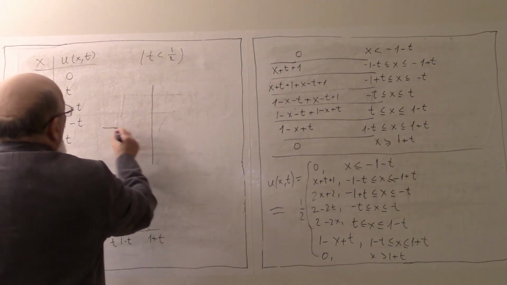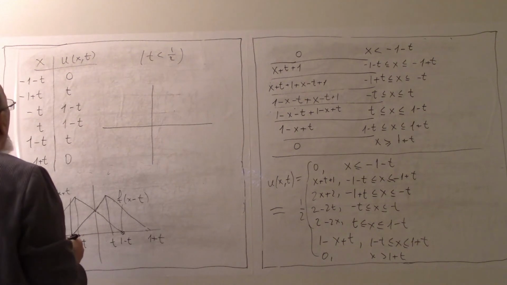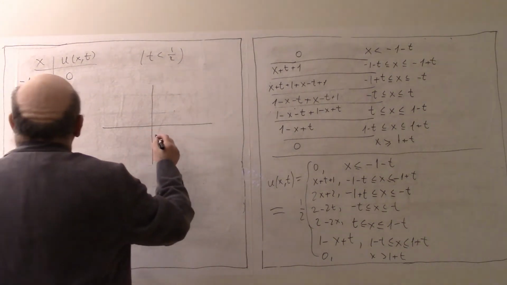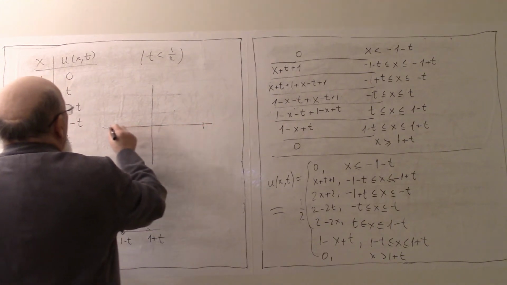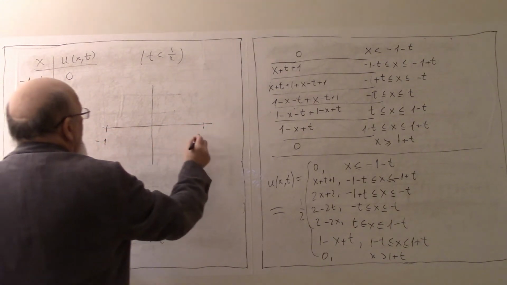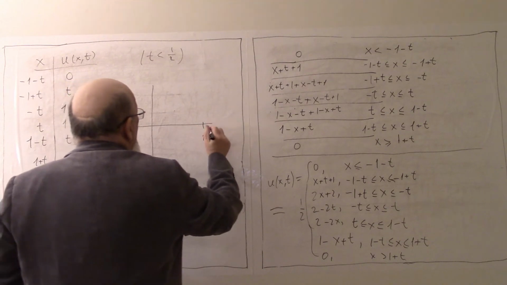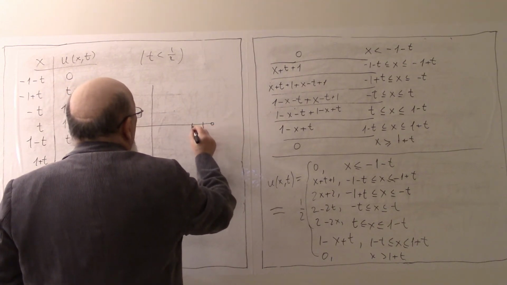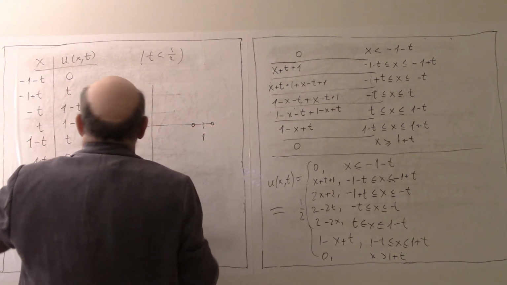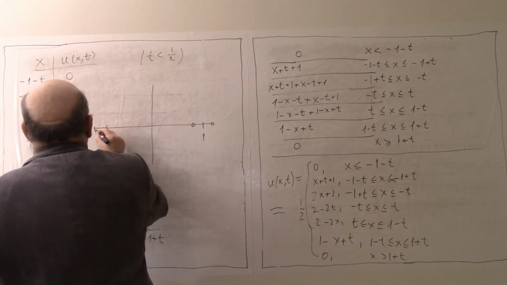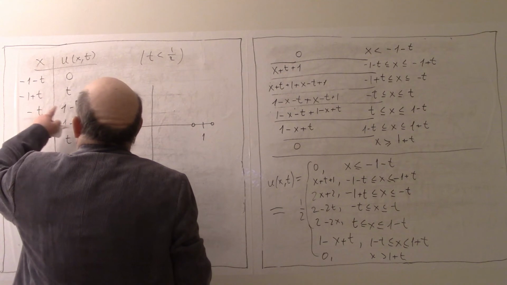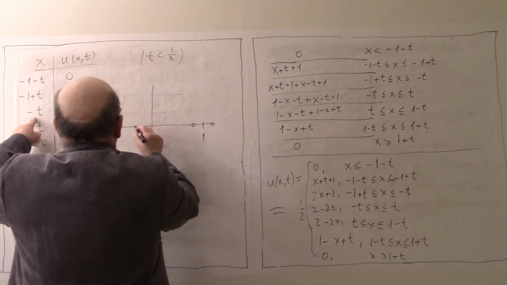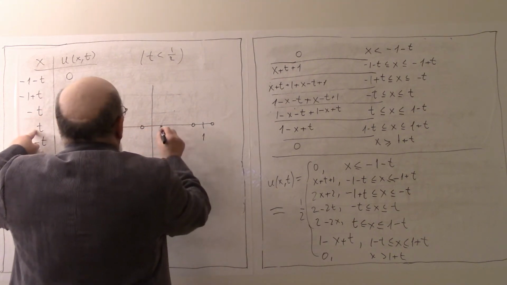Okay, let me draw it. So the points 1 plus t, 1 minus t, minus 1 minus t, minus 1 plus t, minus t, t.